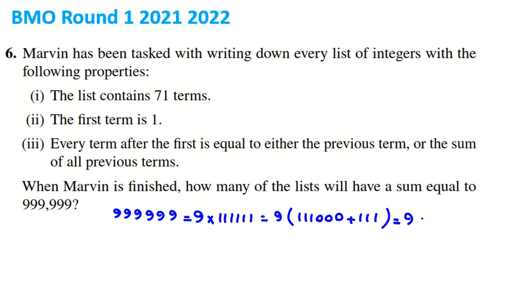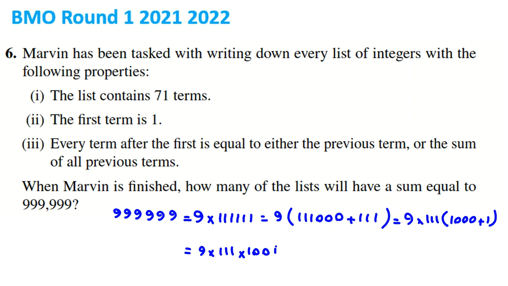So if you factor out 111, it will be 1000 plus 1. So it will be 9 times 111 times 1001.